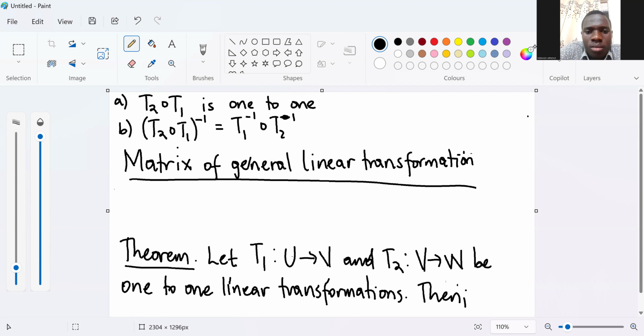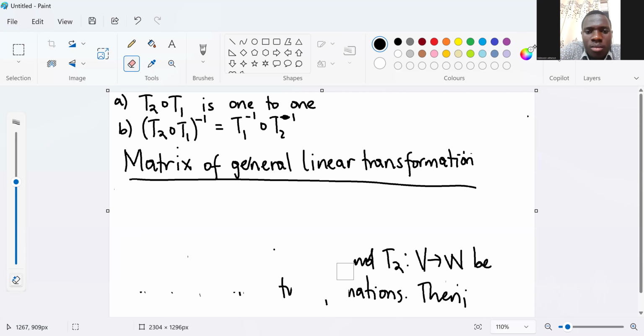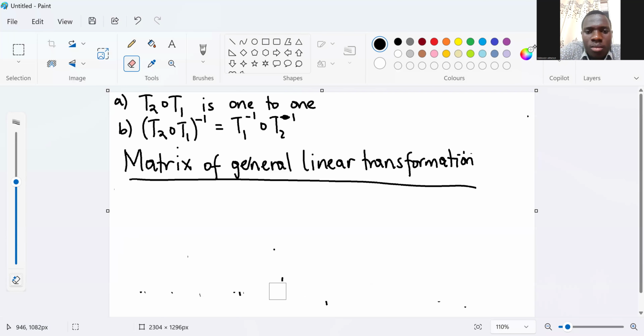So what is the key issue here of exploration? Under matrix of general linear transformation, what are we interested in?